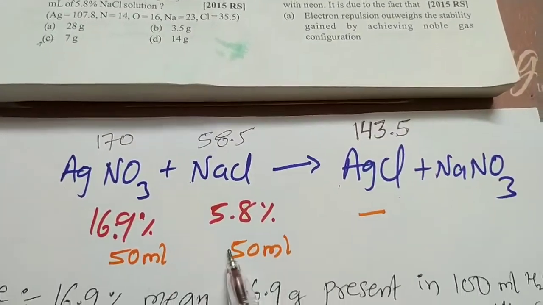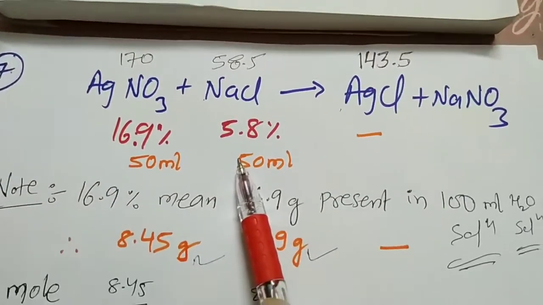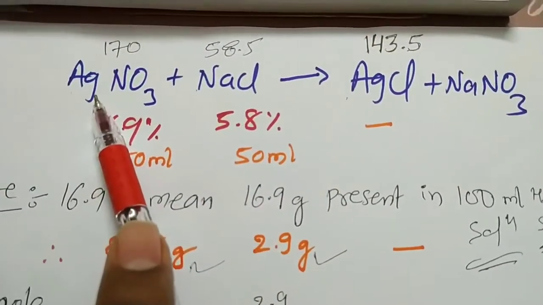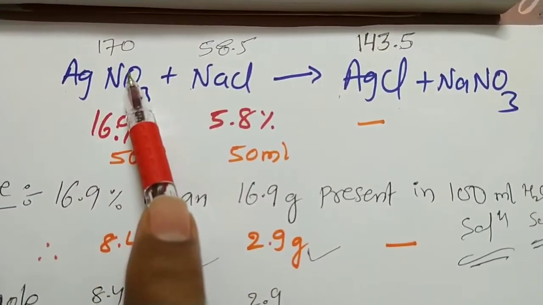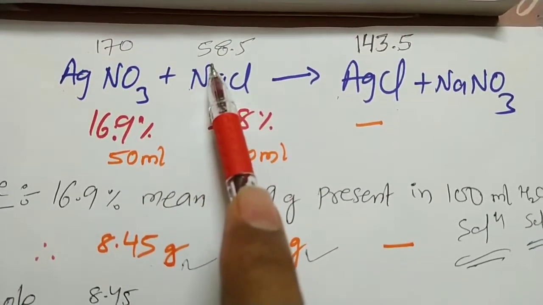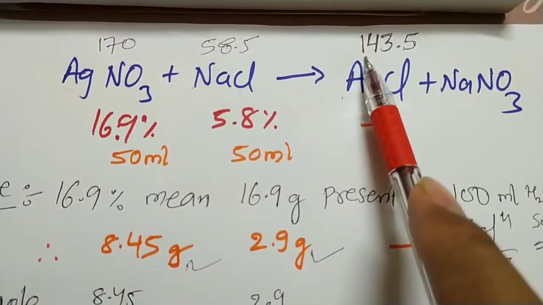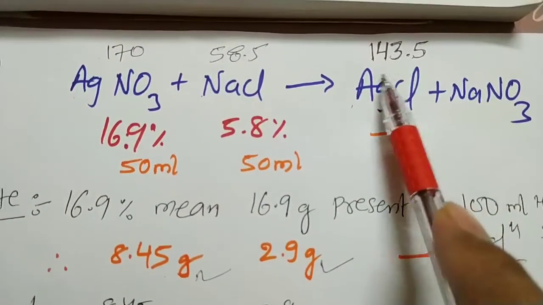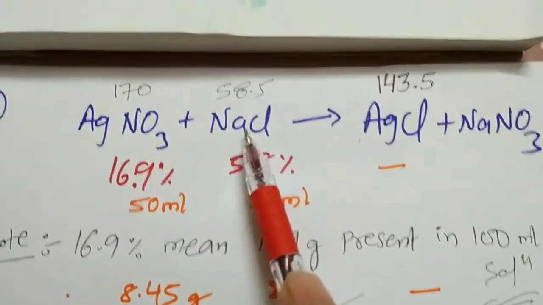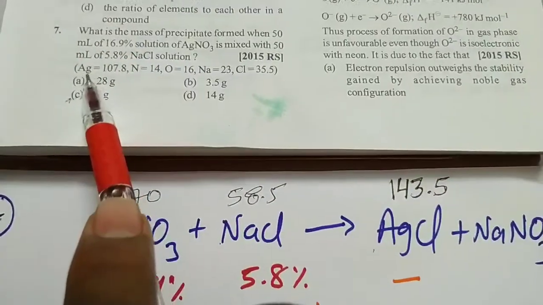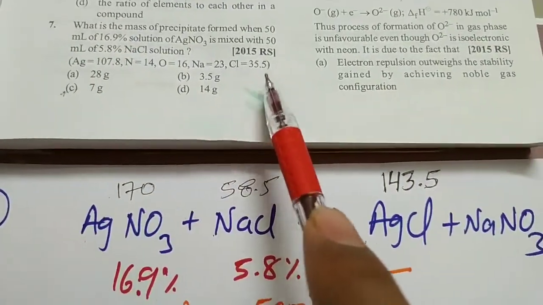Both are 50 ml, 50 ml. Now you see the molar mass of AgNO3 is 170, molar mass of NaCl is 58.5, AgCl is 143.5. These molar masses we can calculate easily from the atomic masses.